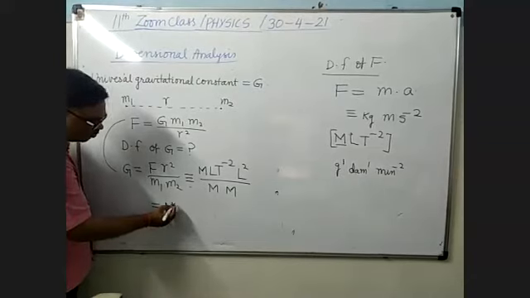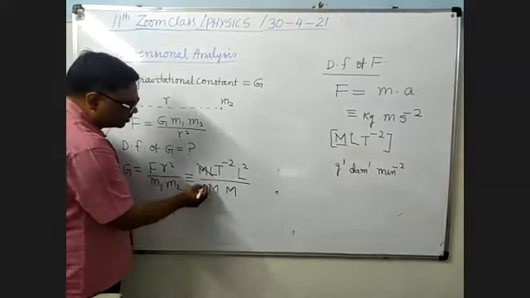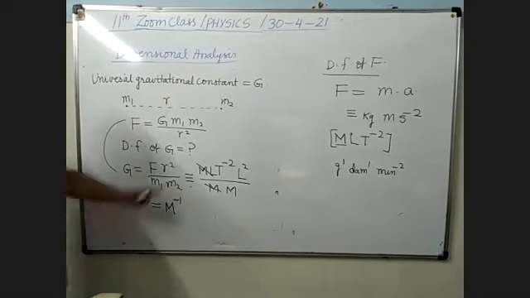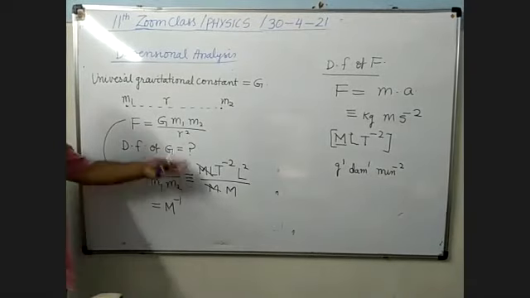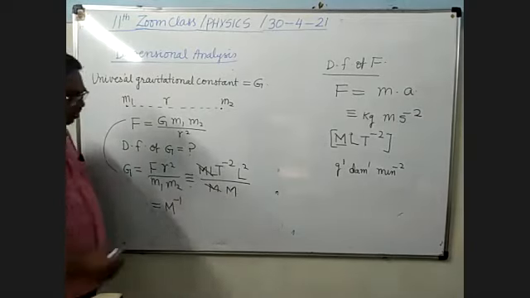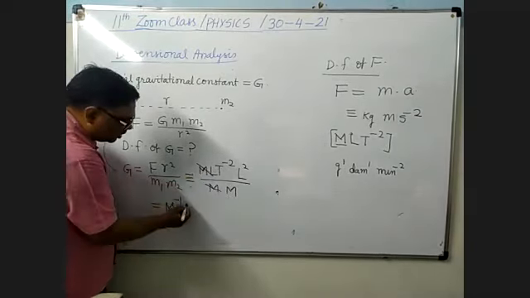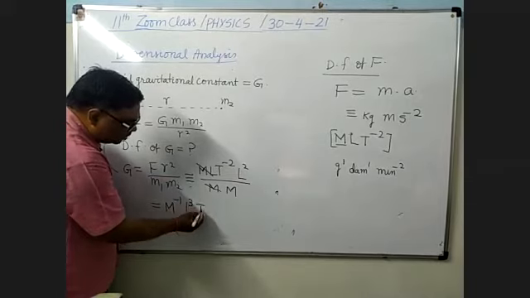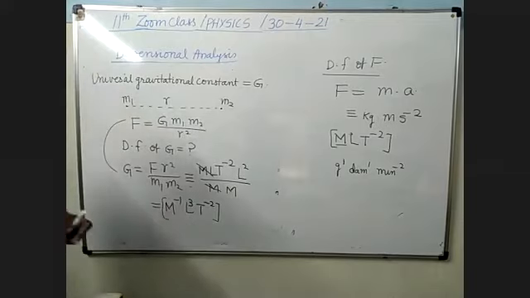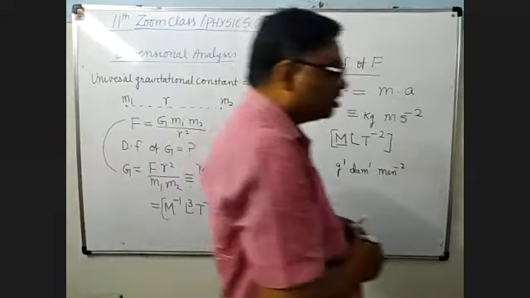M minus 1. We don't cancel like this; we don't cancel in this way, but the meaning is the same. So when M goes up, M minus 1, and L and L square, that is L cube, L3, T minus 2. This will be the dimensional formula of universal gravitational constant.